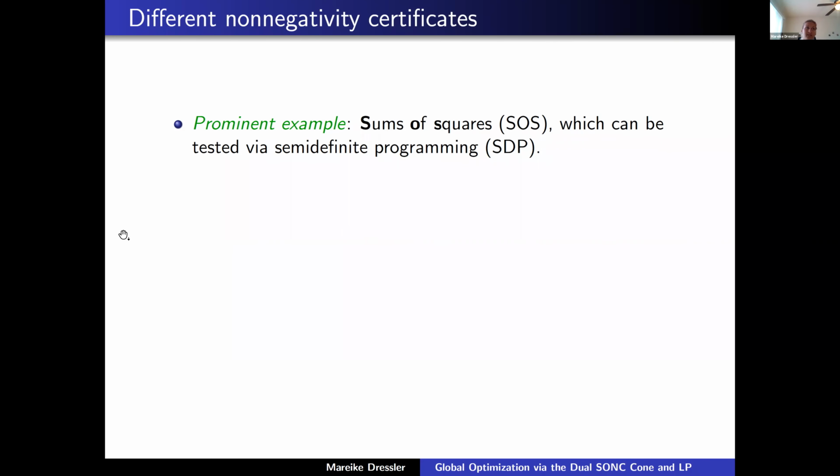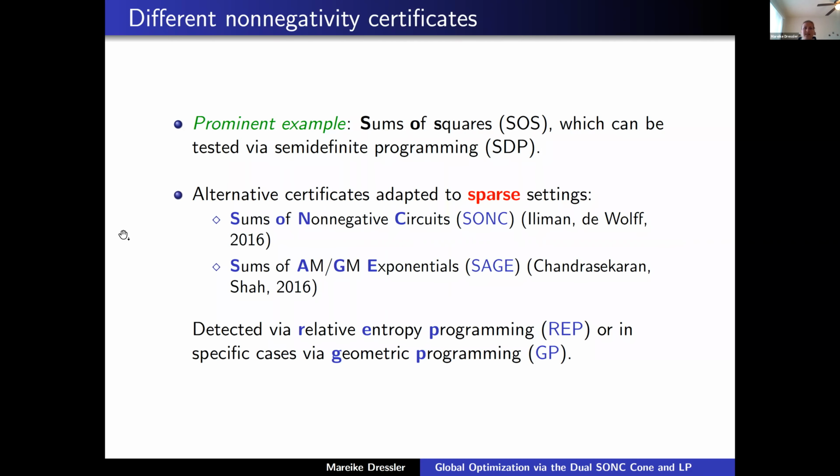So in recent years, there has been lots of interest in finding alternative certificates, and also alternative certificates adapted to this sparse setting. So to say, certificates which preserve sparsity of my underlying support set. And there are these two certificates, namely SONC certificates.